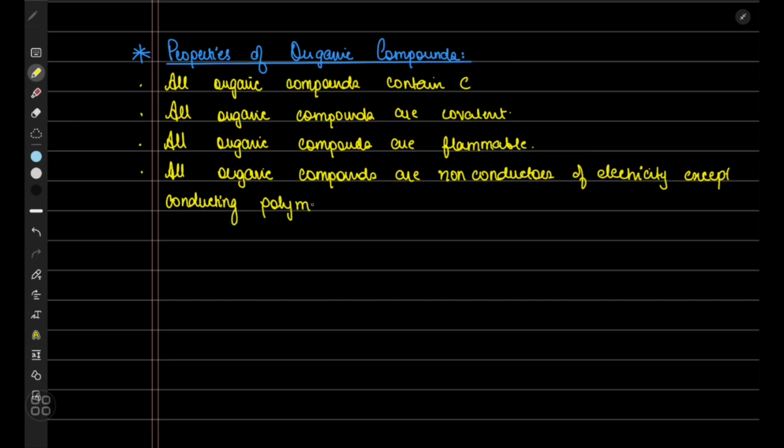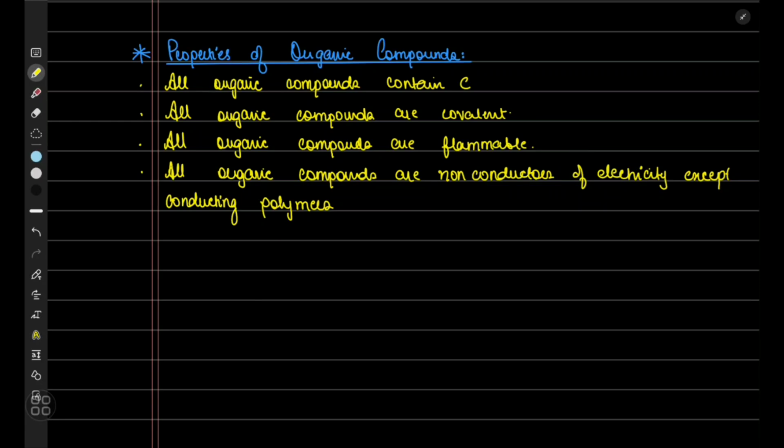As simple as that. These are a few properties of organic compounds that in my opinion every student of A level should know before we start with the in-depth analysis of organic chemistry.